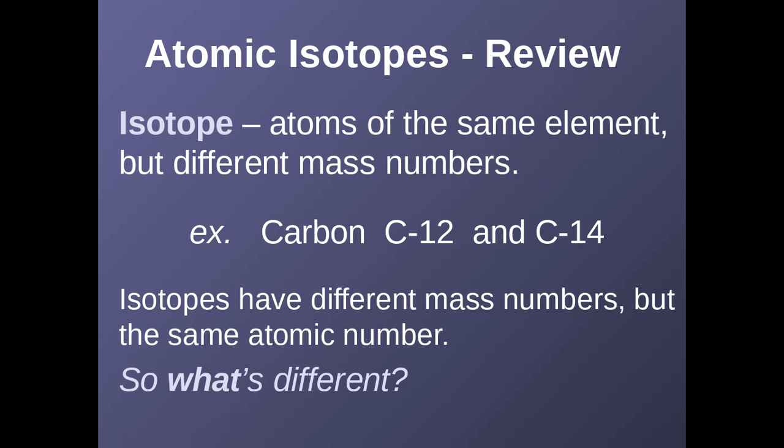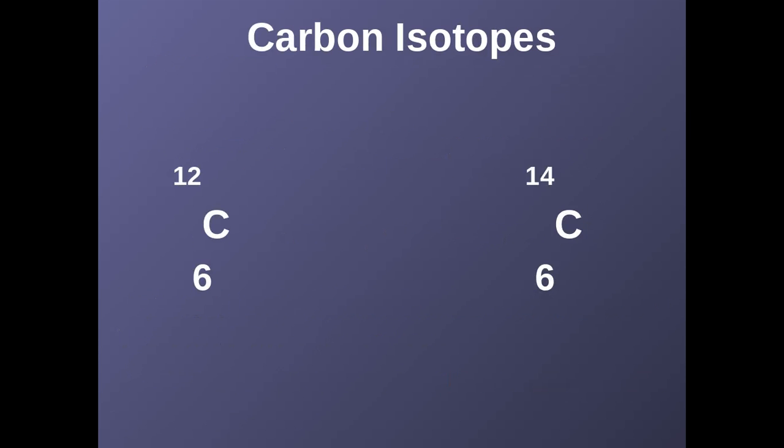So what's different then? I think you already know the answer to that, but I'll give you a second to tell me. Great job. It's the number of neutrons. If we were to look at a picture or a different representation, you can see here that both carbons have an atomic number of 6, but over here the mass number is 12, and over here the mass number is 14. So why do they have these two different atomic masses?